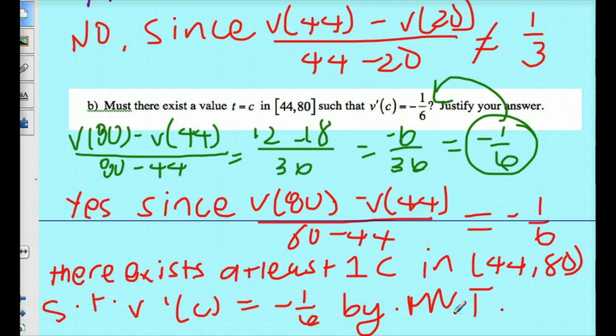Alright, so that's an example of how we see this in a chart.